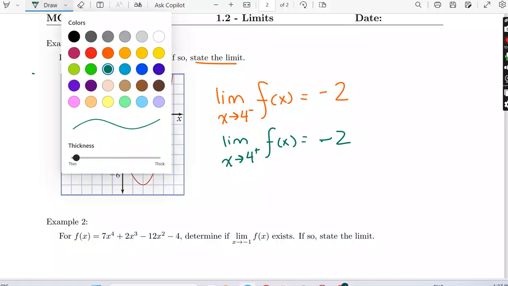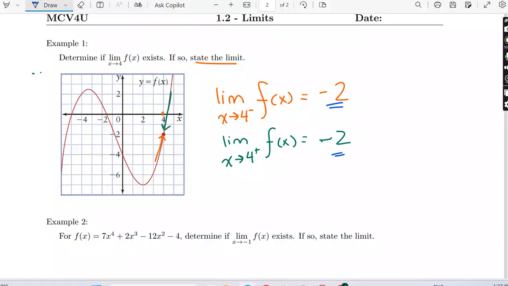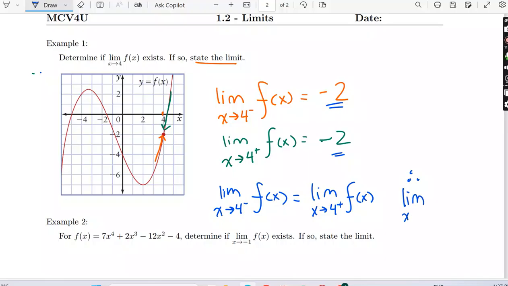Both numbers are the same. So the limit as x approaches 4 from the left of f(x) is equal to the limit as x approaches 4 from the right. Therefore, the limit as x approaches 4 of f(x) does exist, and that number is equal to -2.